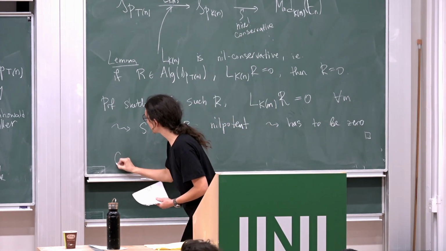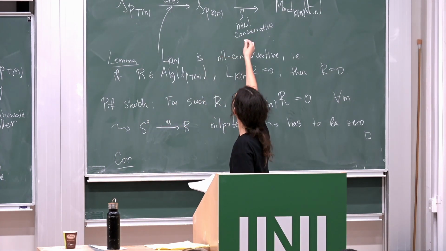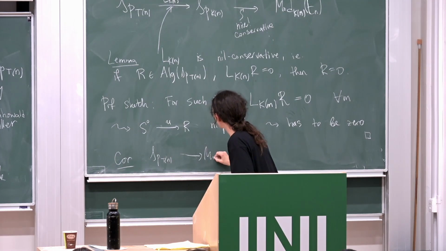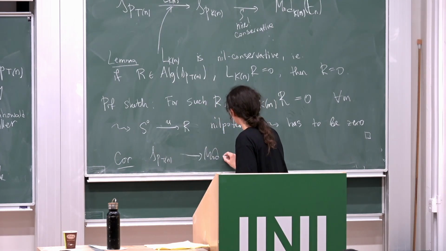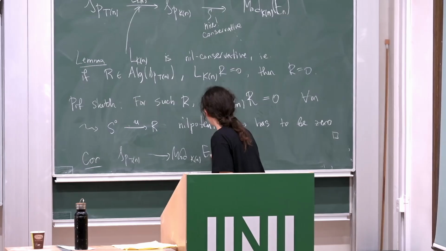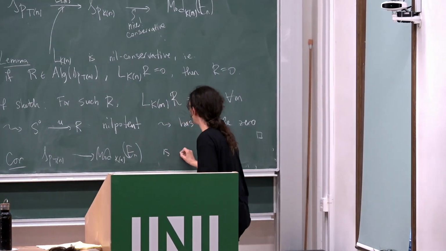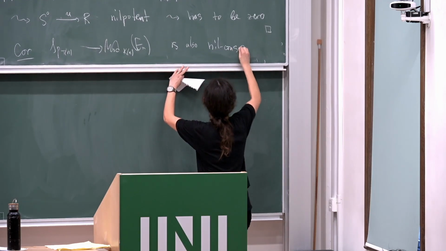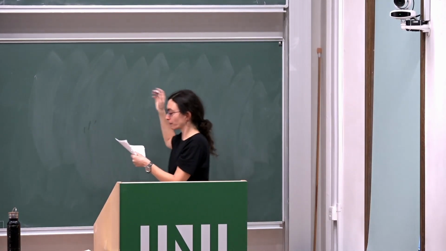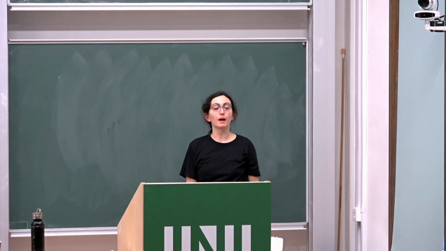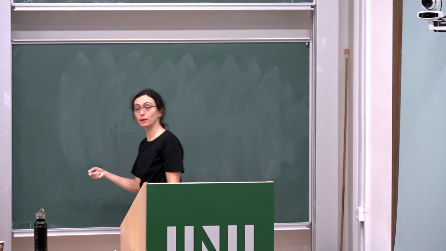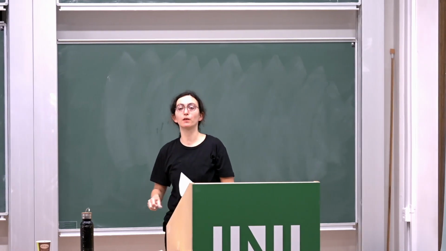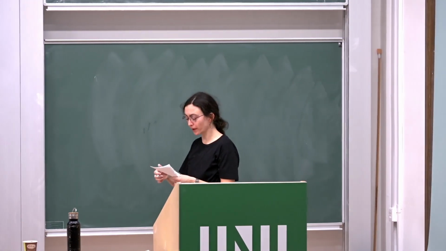So the corollary of this is that this composite functor is also conservative. So these kinds of functors are then conservative on dualizable objects because you can detect if a dualizable object is 0 by looking at its endomorphism ring.